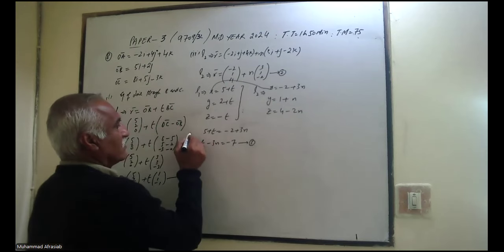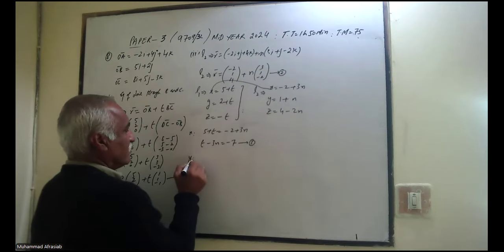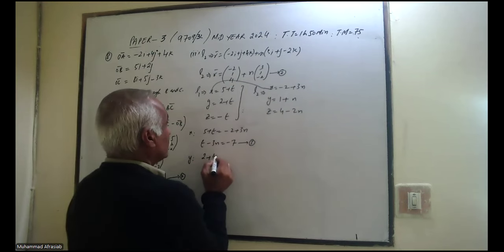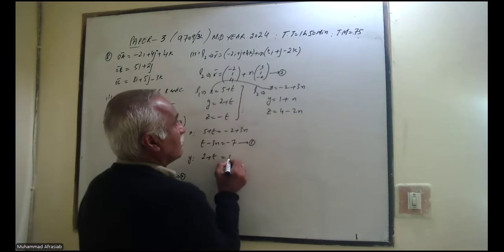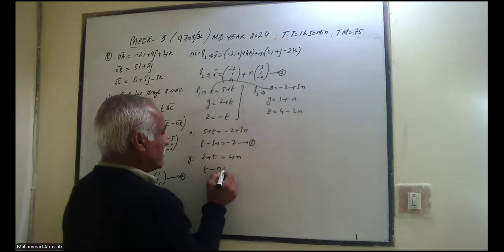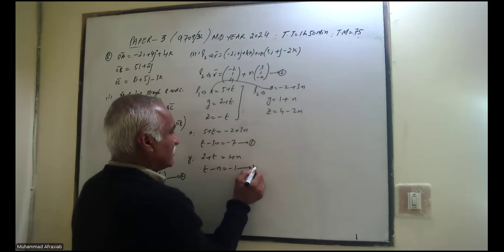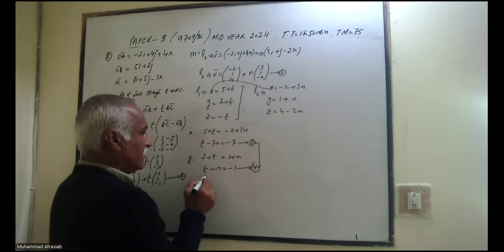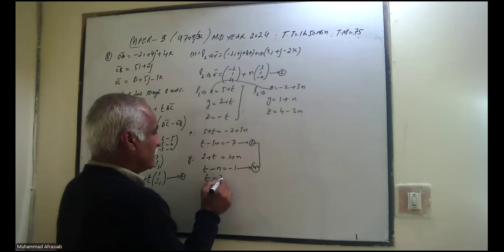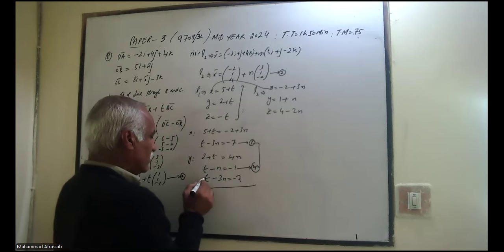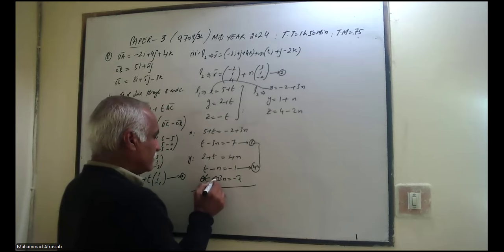Then we compare the equation of y there. It is 2 plus t, which is equal to 1 plus n, or this will become t minus n is equal to minus 1. Let's say that is 4. Now we will solve 3 and 4 simultaneously. It is t minus 3n is equal to minus 7. So here we are subtracting this.